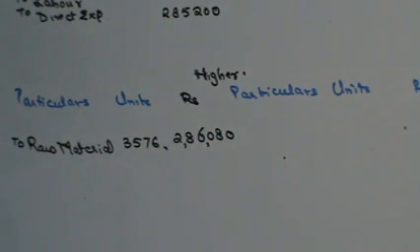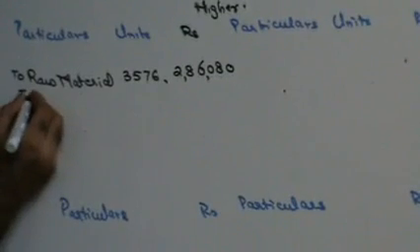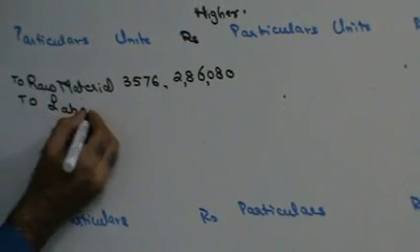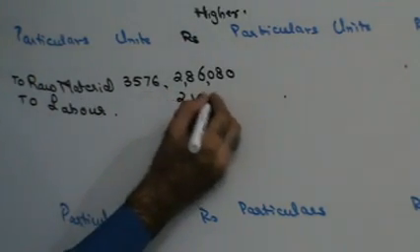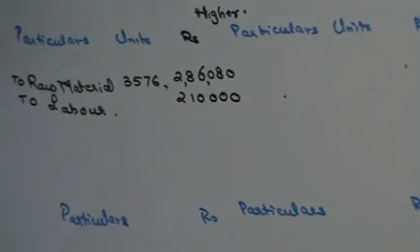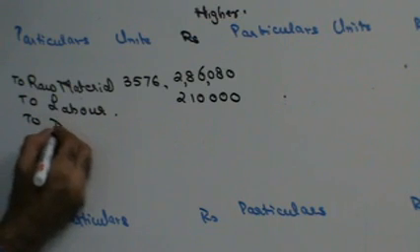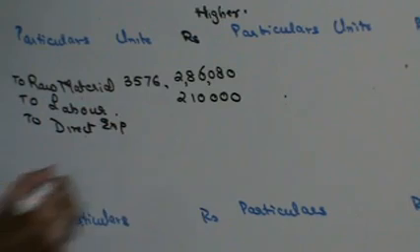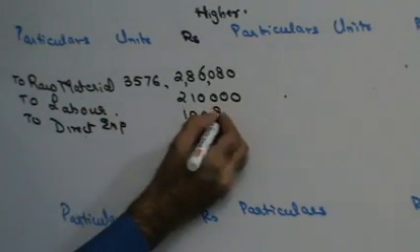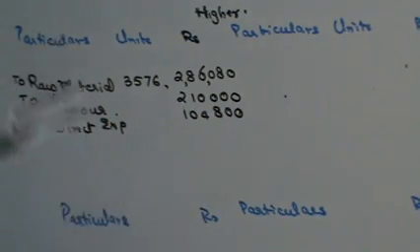Then you have labor, which is given to you as 2,10,000, and then you have direct expenses. Direct expenses is 1,04,800.